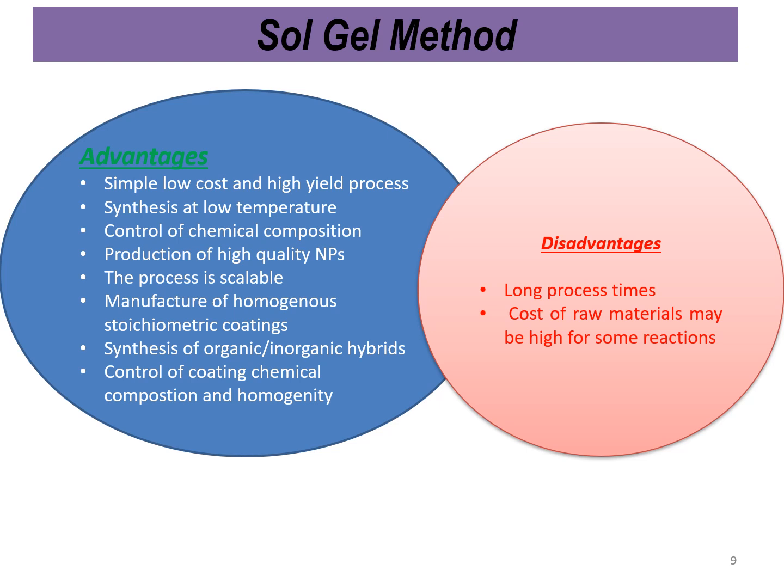It allows manufacture of homogeneous stoichiometric coatings and synthesis of organic as well as inorganic hybrid materials, with control of coating chemical composition and homogeneity. Through this process, we can do the coating on a surface, and this is the specialty of this process, that we can control the chemical composition as well as the homogeneous dispersion of nanomaterials on a surface using the sol gel method.